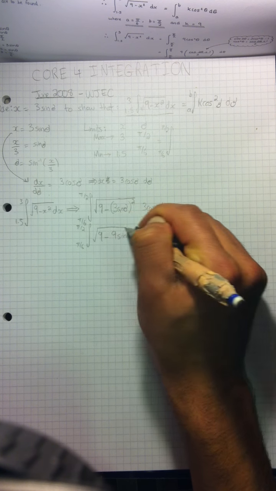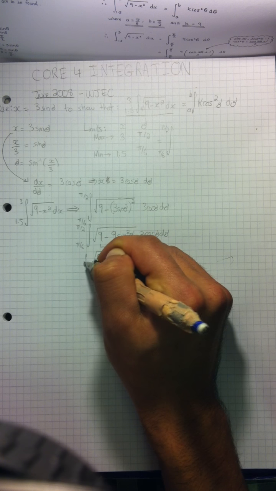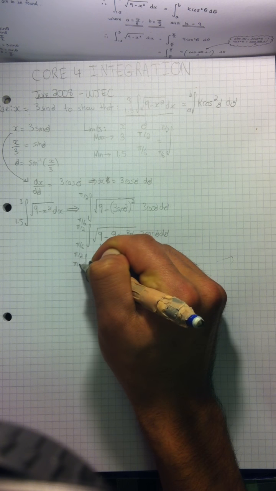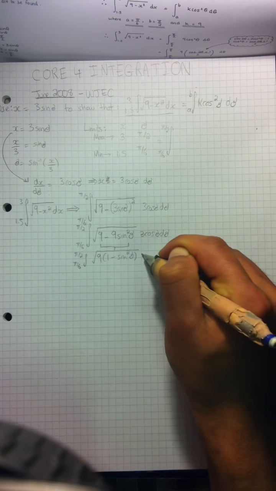Now I can take the 9 out of this. So that becomes 9, 1 minus sine squared theta, all square rooted, and all within the integral. So now if I take this 9 out of the square root, so you square root it into 3, it becomes 3, 1 minus sine squared theta, like that.